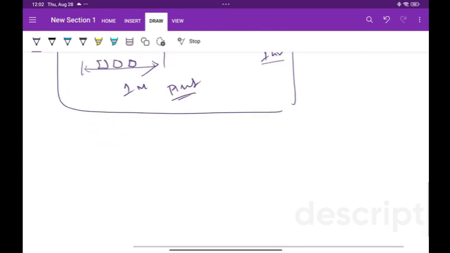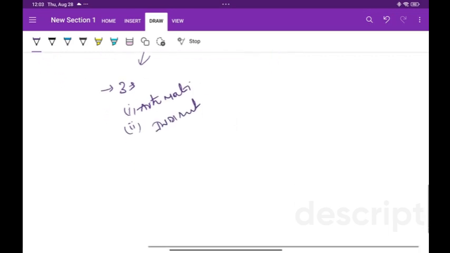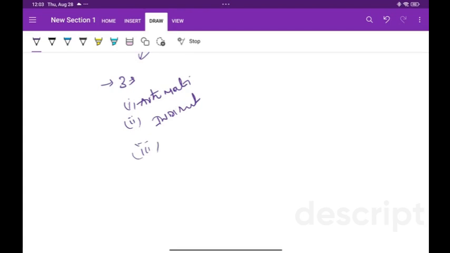So by considering the timing, we divided checkpoints into types. One is automatic checkpoint, next is indirect checkpoint, the third one is internal checkpoint, and another is manual checkpoint.